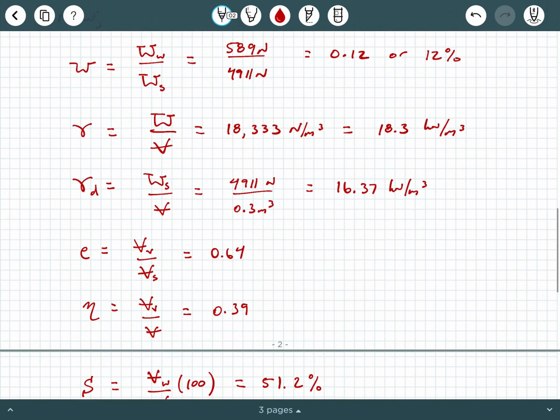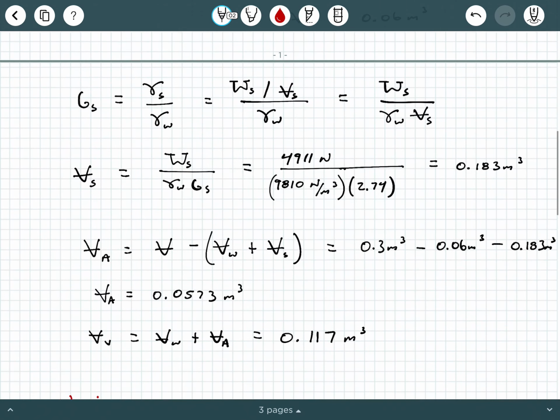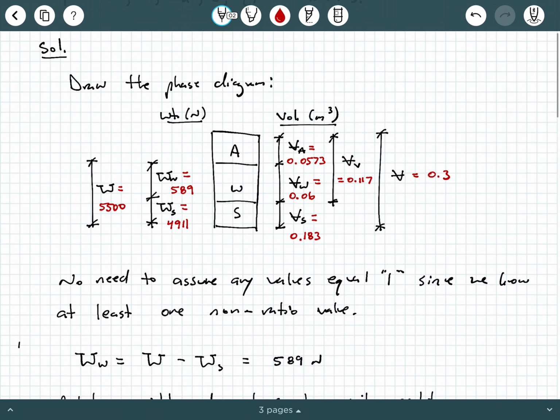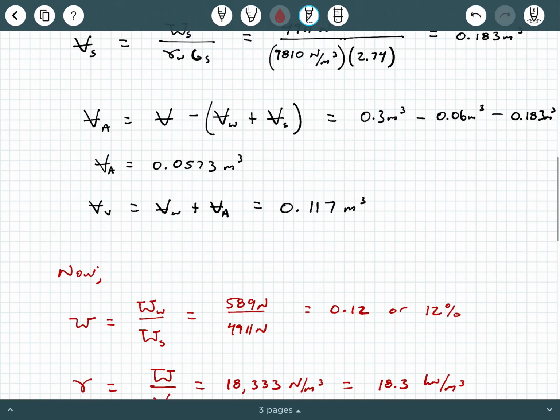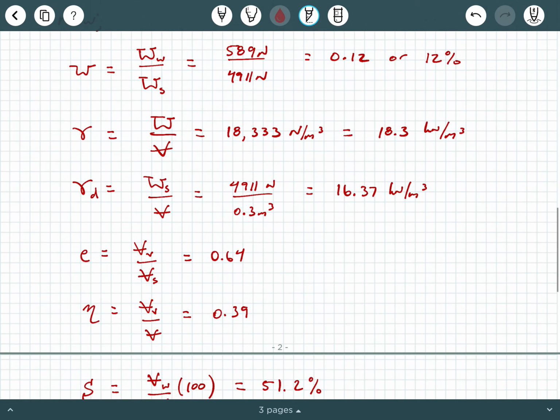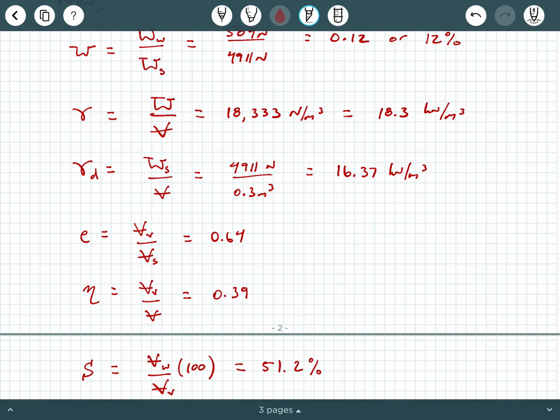So again, in summary, we fully populated the phase diagram, and we related weight and volume by unit weight terms. And then we used the basic ratio definitions to calculate all of the values we were looking for.